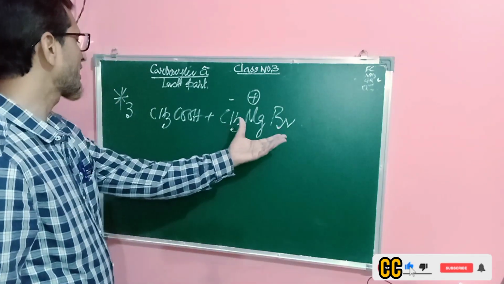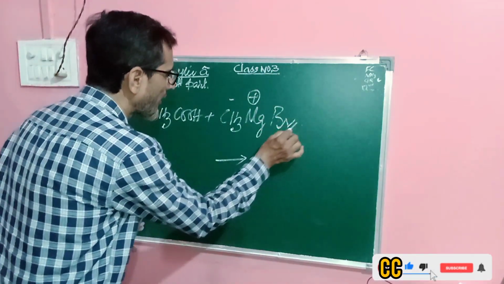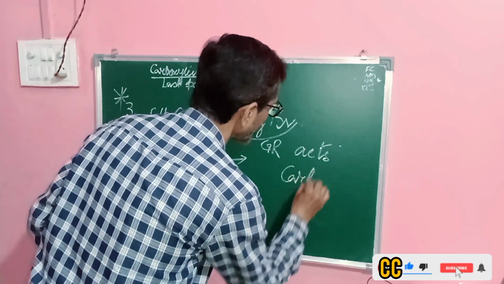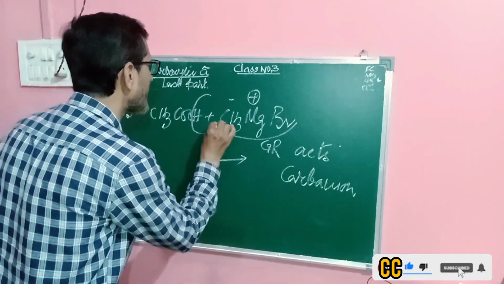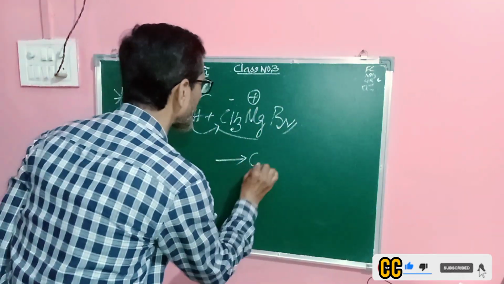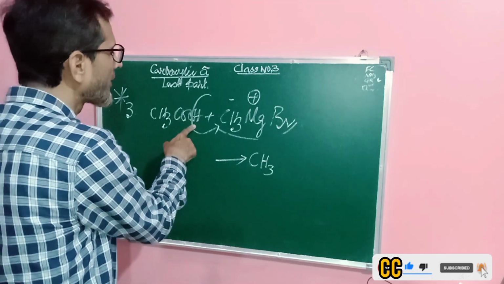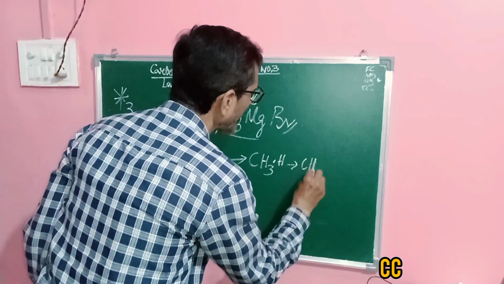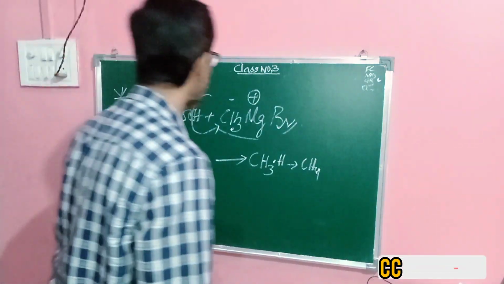When a Grignard reagent reacts with acetic acid with a carboxylic group, the Grignard reagent acts as a carbanion, and that carbanion abstracts one hydrogen. Simultaneously you get CH3 from the Grignard R part, and H from acetic acid, the acidic hydrogen, which is extracted, so you get methane, an alkane. Very often this question comes in entrance exams.